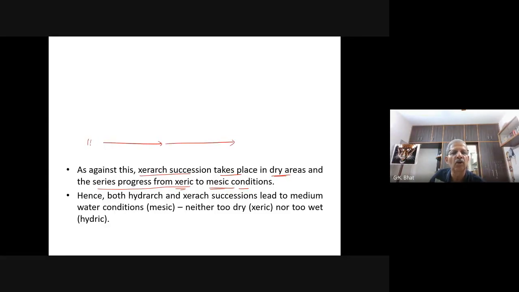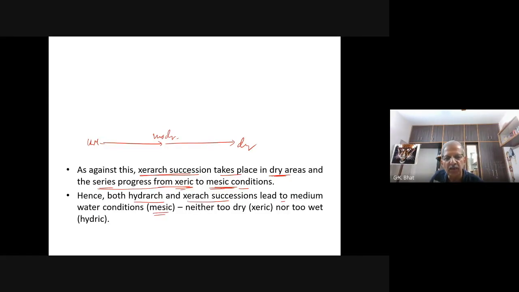So this is a wet area, this is a dry area, and you come across a moderate condition area here. Hence, both hydric and xeric successions lead to medium water condition called mesic.